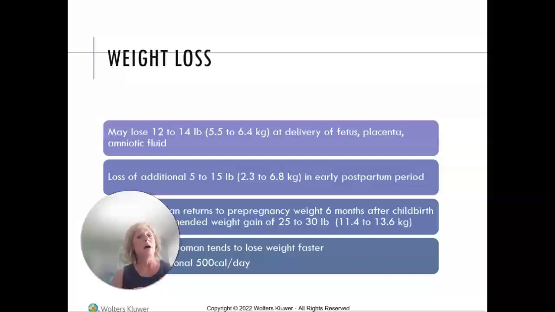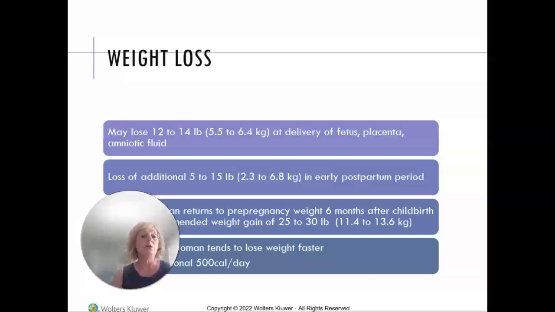But we usually tell moms it takes about 6 weeks to get down to their pre-pregnancy weight, because you've gained 25 to 35 pounds if you've gained the recommended weight. So if you've gained the recommended weight, we tell moms about 6 months is where you should be back down to your pre-pregnant weight. If you gain more than the standard 25 to 35 pounds, you may say you've gained 50, it may take you a year to get some of that baby weight off.